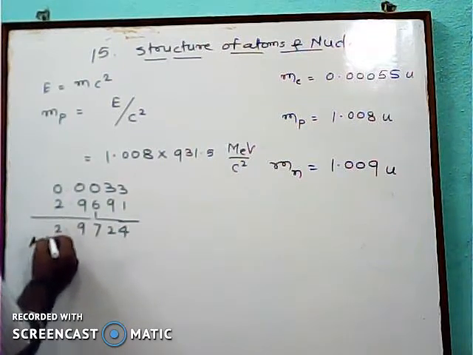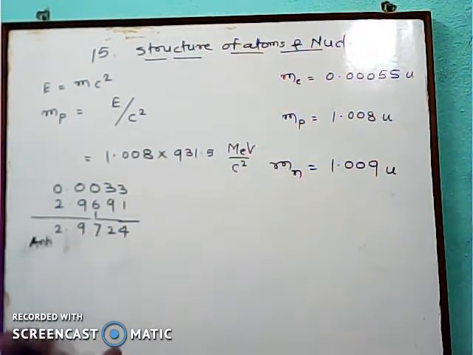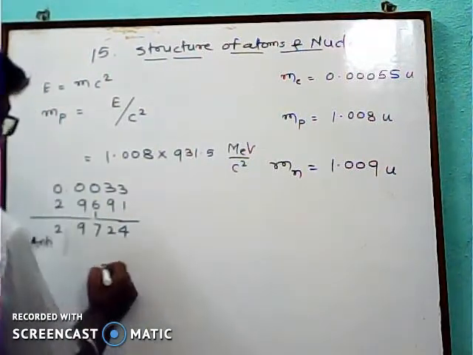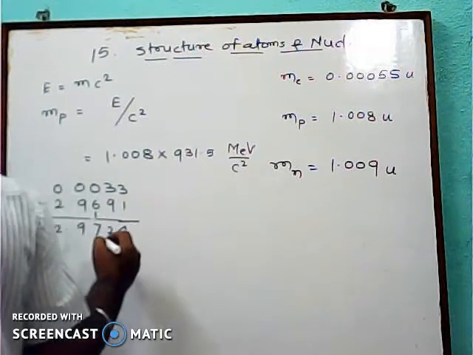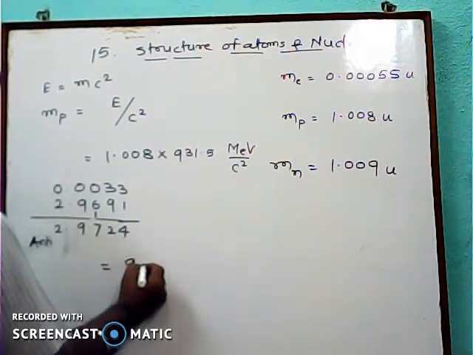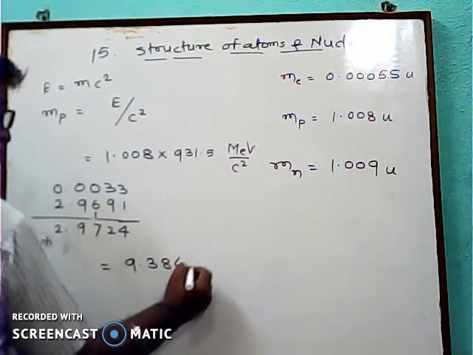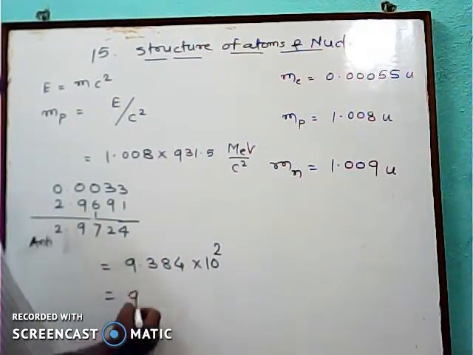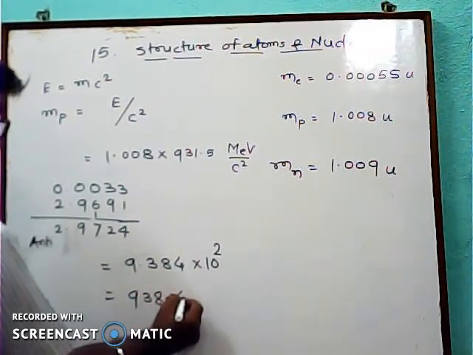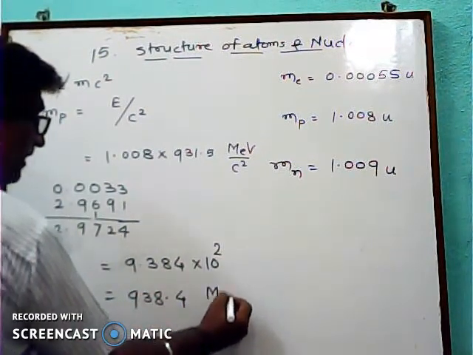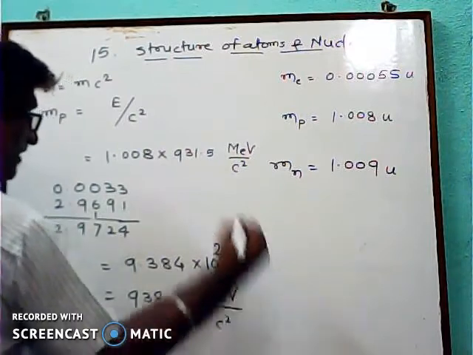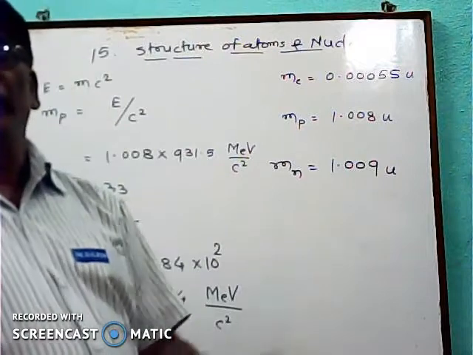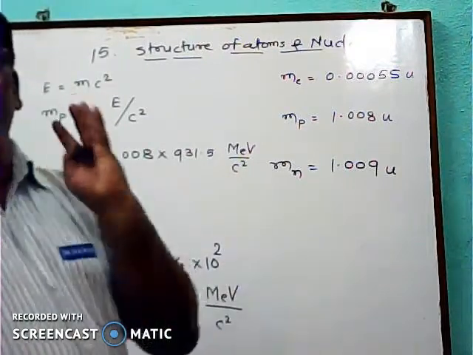If we take its antilog, it will be 9.384 into 10 to the power 2. So its value will be 938.4 mega electron volt per c square. That will be the mass of proton in the form of energy.